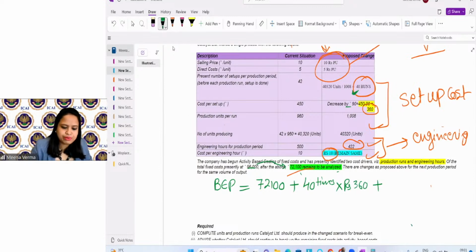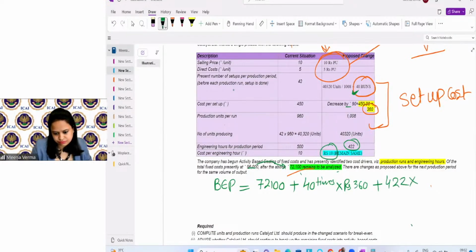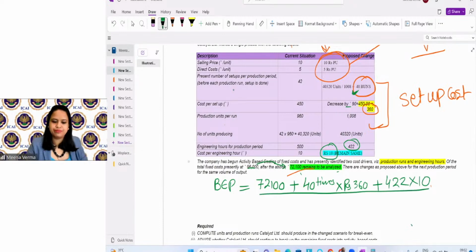Plus, what will be the engineering cost? Engineering cost will be 422 into 10. This will be the total fixed cost of the company, divided by contribution. So contribution is 10 minus 5.